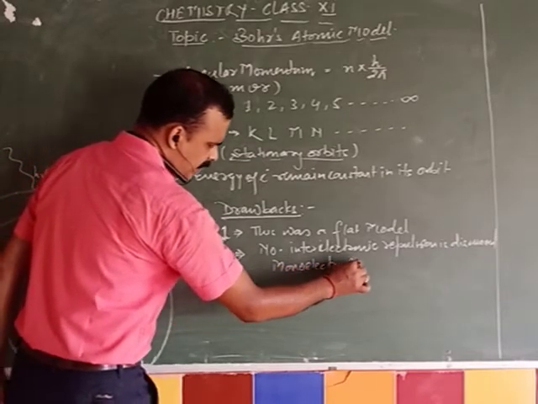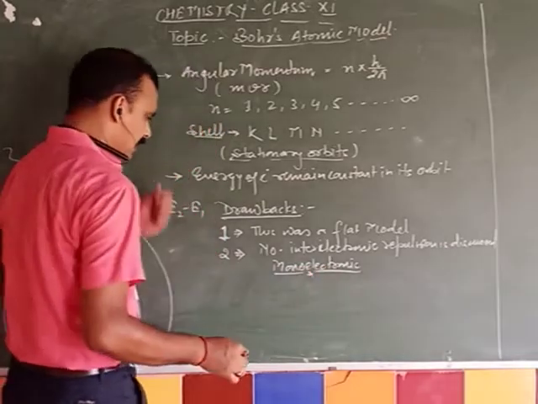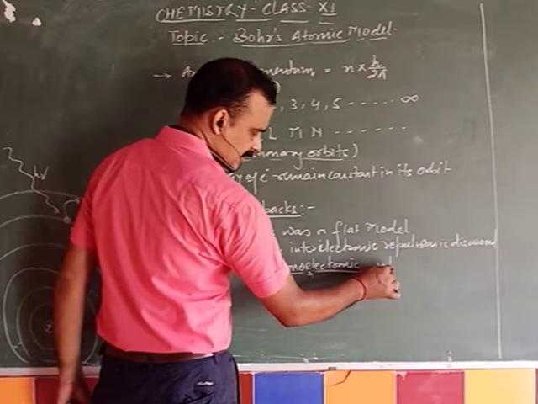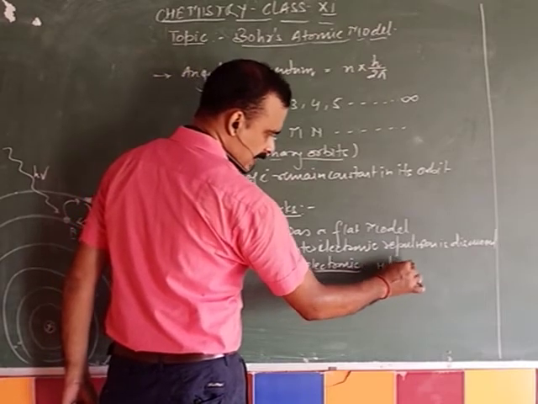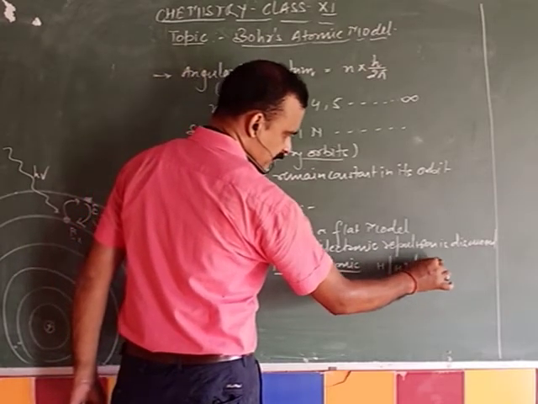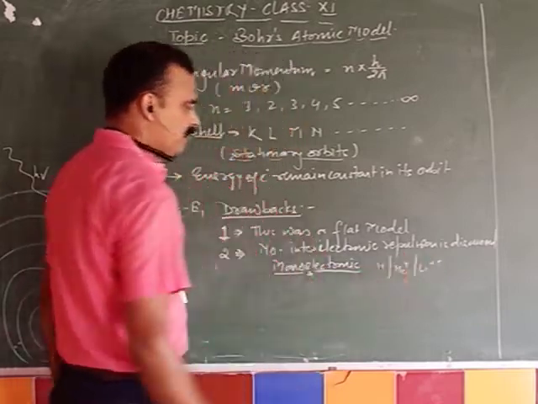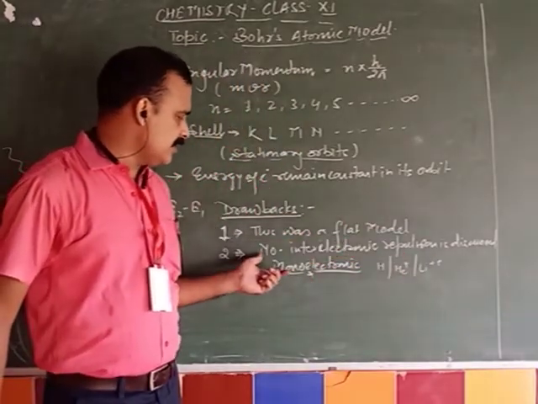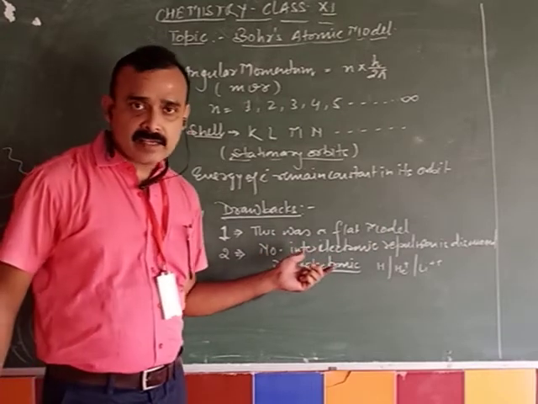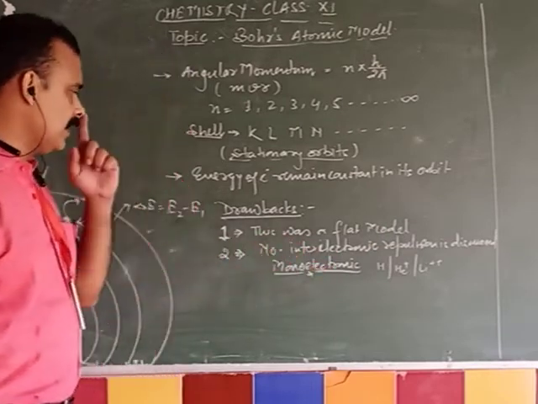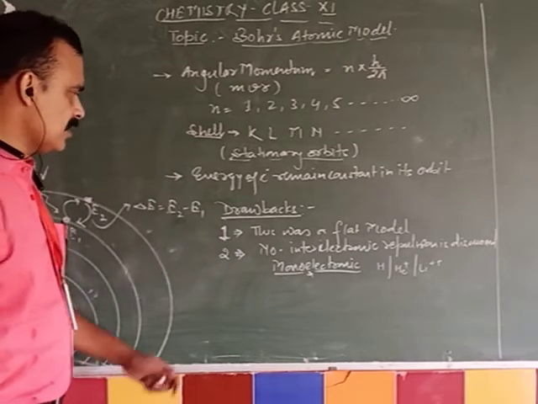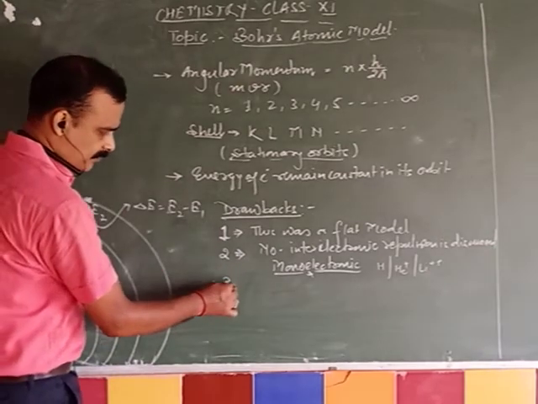A monoelectronic system is any atom or ion which has only one electron, like hydrogen, He plus or Li double plus. So no inter-electronic repulsion is discussed here, while if it carries more than one electron, then definitely repulsion forces should be there. But here no repulsion forces are discussed.